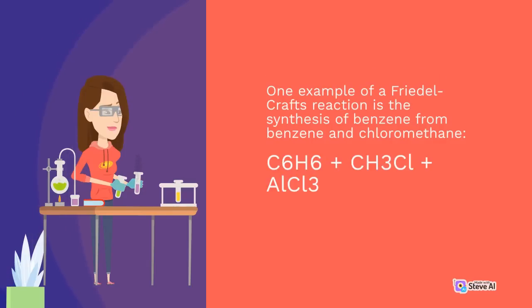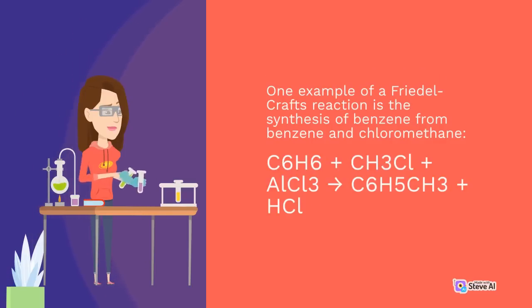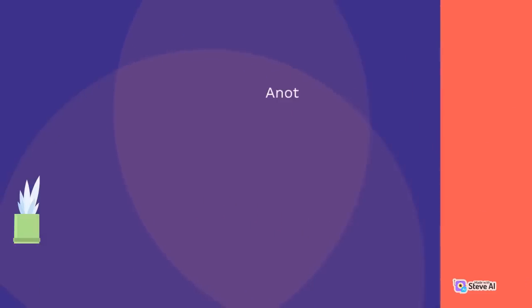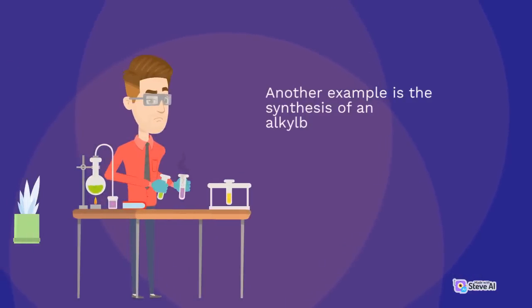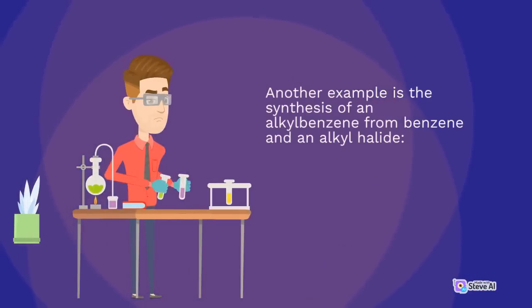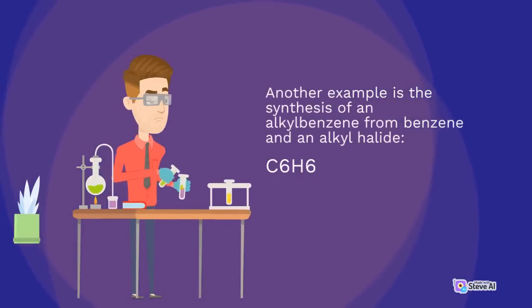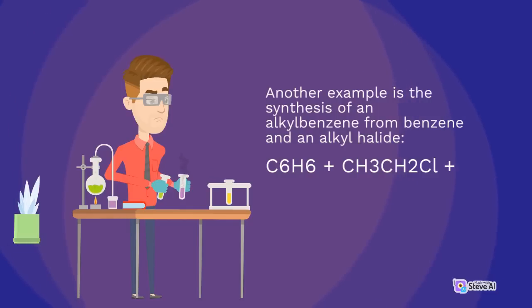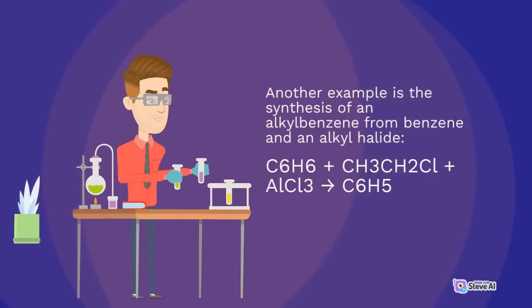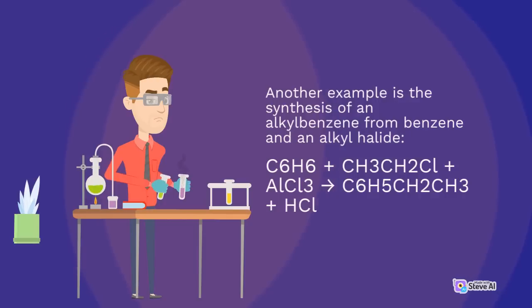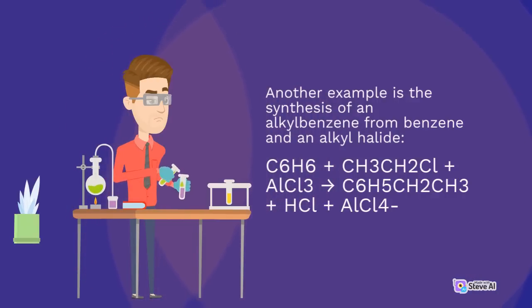C6H6 plus CH3Cl plus AlCl3 yields C6H5CH3 plus HCl plus AlCl3. Another example is the synthesis of an alkylbenzene from benzene and an alkyl halide. C6H6 plus CH3CH2Cl plus AlCl3 yields C6H5CH2CH3 plus HCl plus AlCl3.